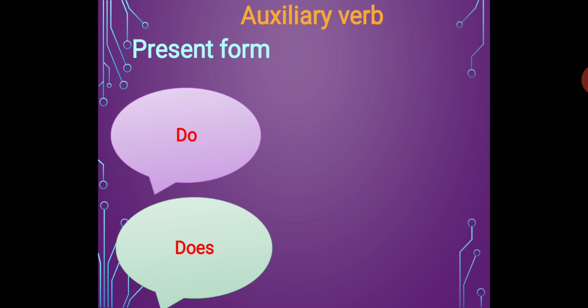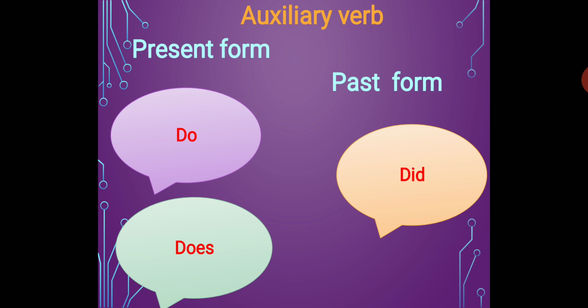For the present time or present form, we use do and does. And for past form or past time, we use did. So which are the primary auxiliary verbs? Do, does and did. Do and does are used for the present time or present form, and did is used for past time or past form.